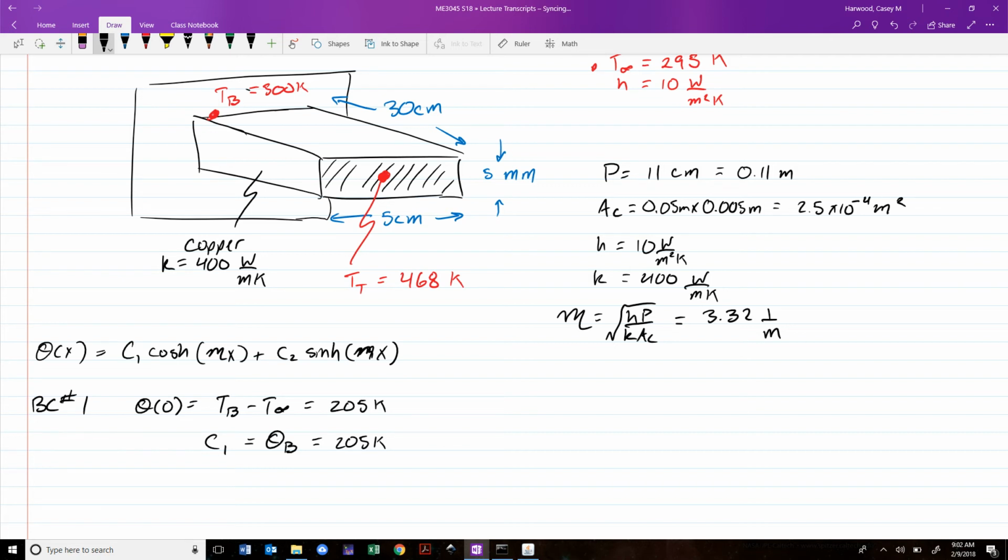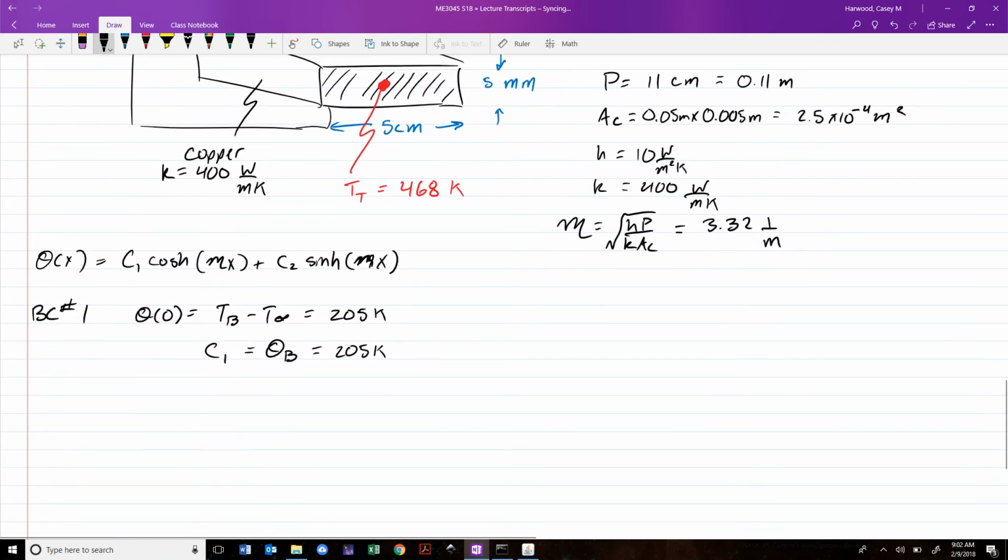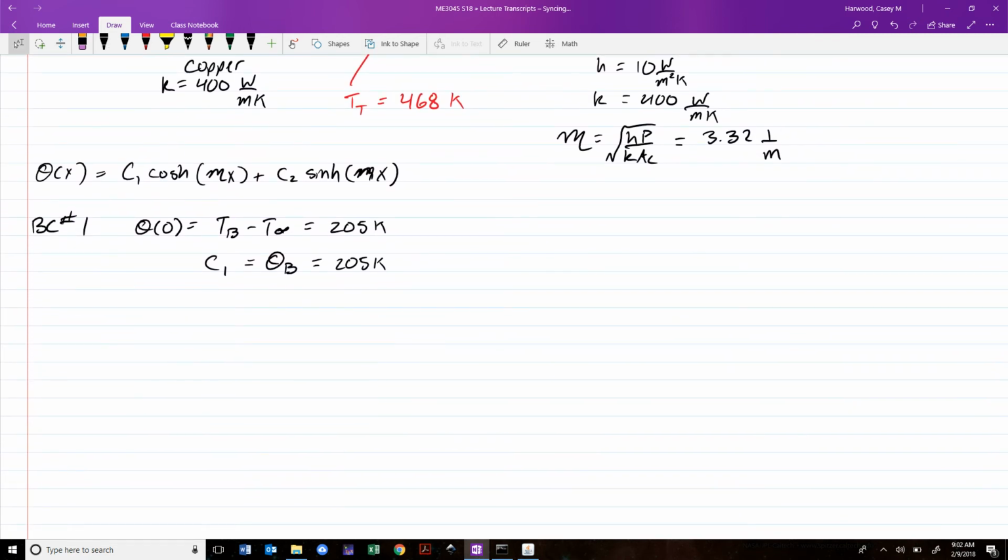Just for simplicity and to keep things from getting too messy, we're going to continue to write out the solution in symbolic form. So we'll call it θ_b. Applying boundary condition number 2. In this case, we've been given the temperature at the tip, 468 Kelvin.